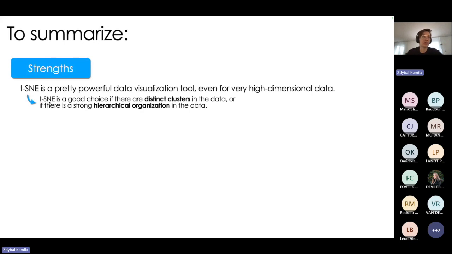And in particular, t-SNE is good if you have distinct clusters in your data. So it's good for categorical data sets. And especially it can be interesting when you have this hierarchical organization in the data. So you have, let's say, for the mouse neocortex data set, this high level description of the cells.